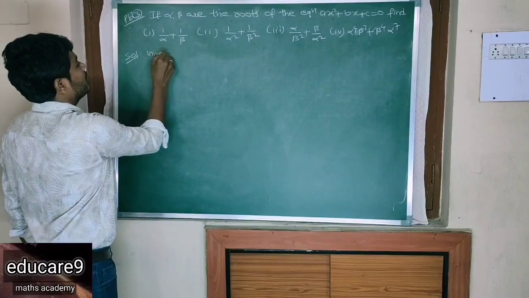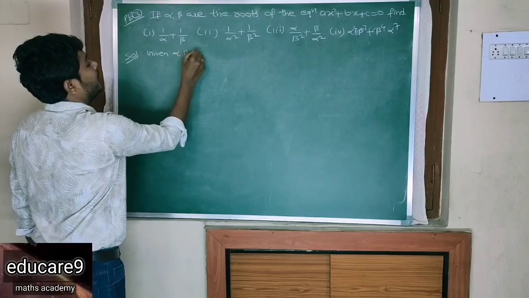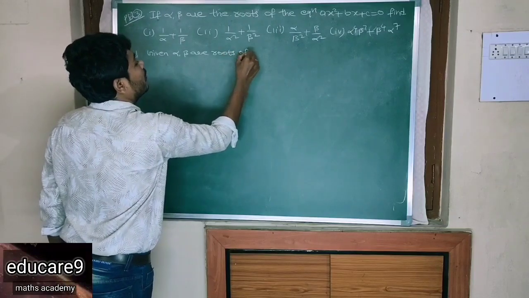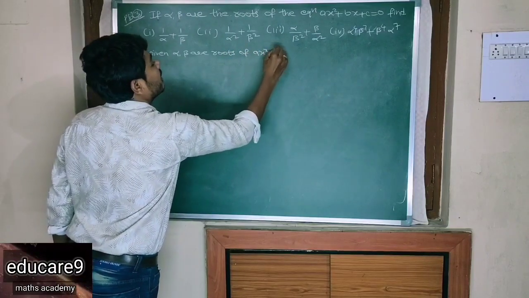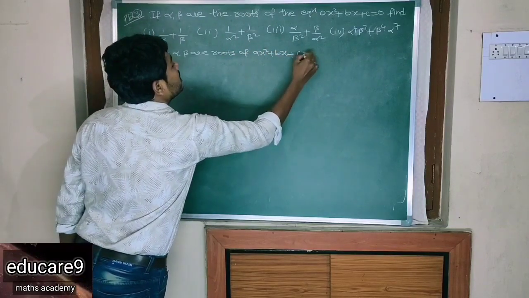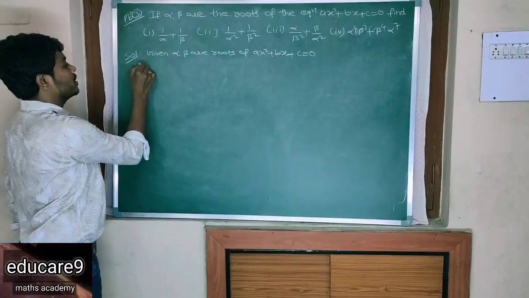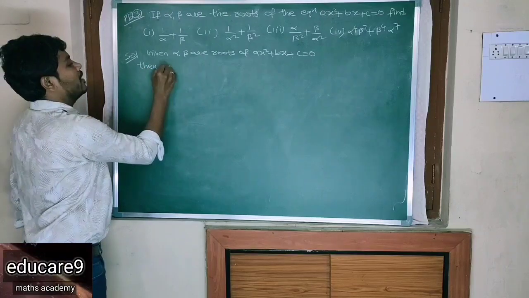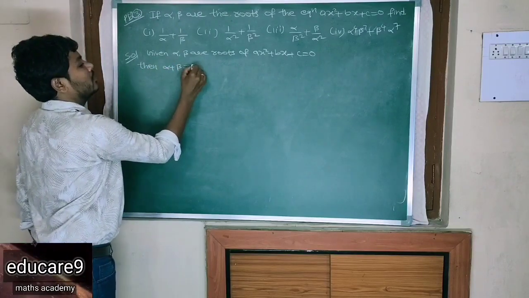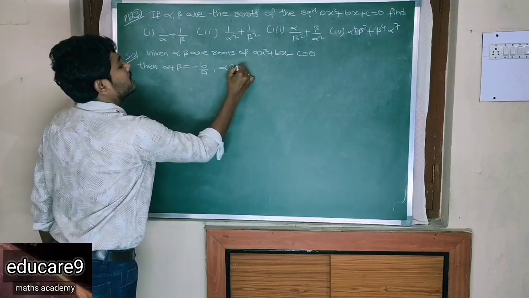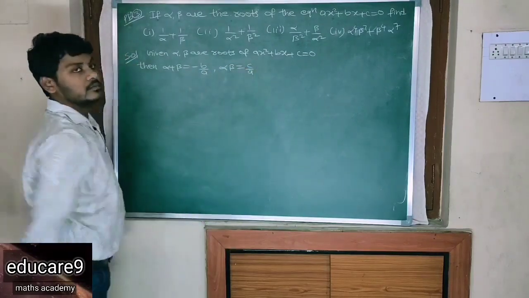Given alpha, beta are roots of ax square plus bx plus c is equal to 0. Then the sum of the roots alpha plus beta is equal to minus b by a and alpha beta is equal to c by a.